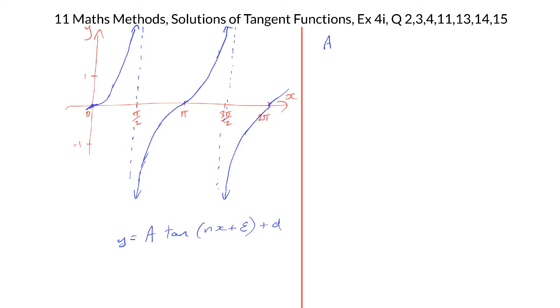A for a tan simply increases the steepness, or the slope of the line.